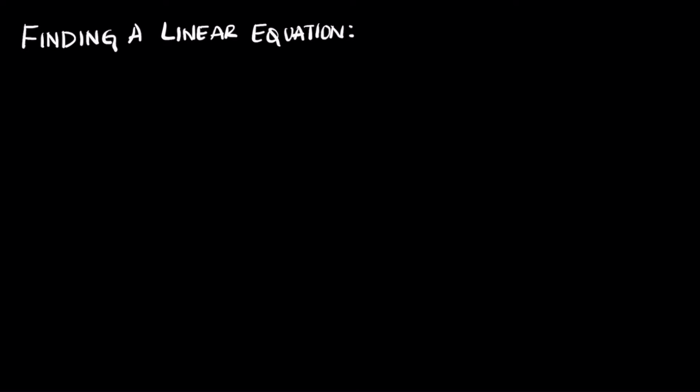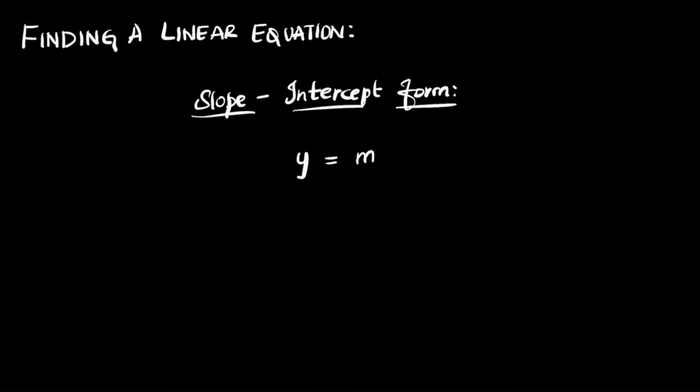So the most common form that we use is called the slope-intercept form. So the slope-intercept form is y equal to mx plus b, where m is called the slope and b is the y-intercept.